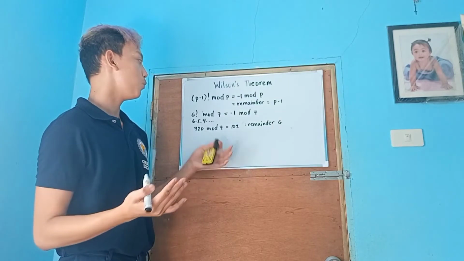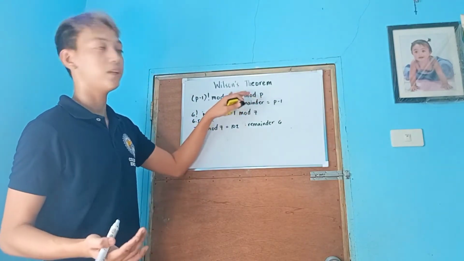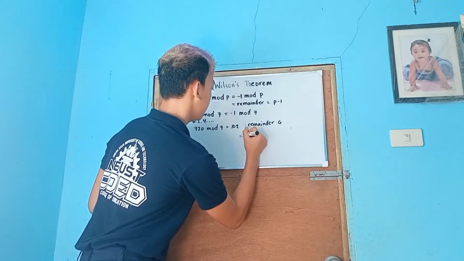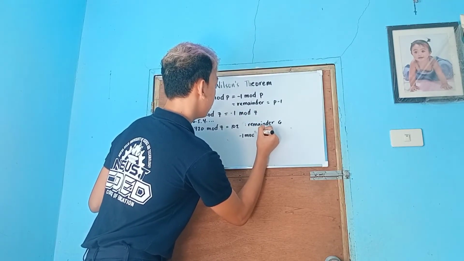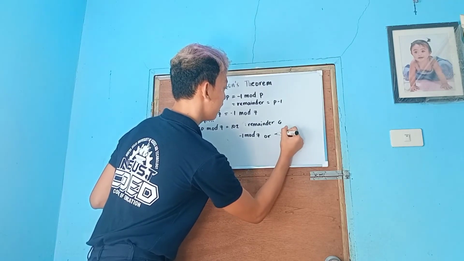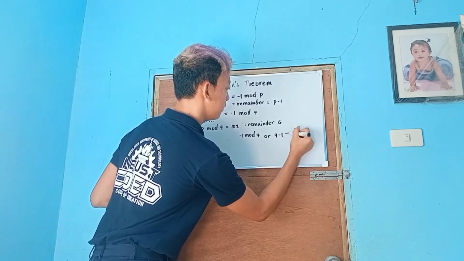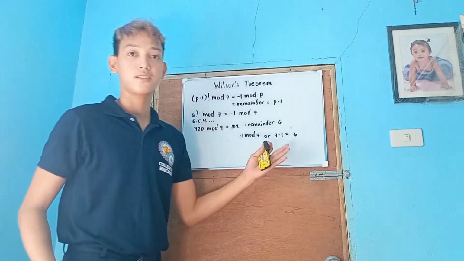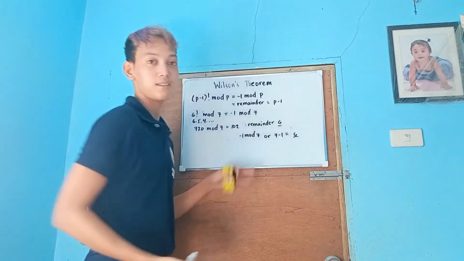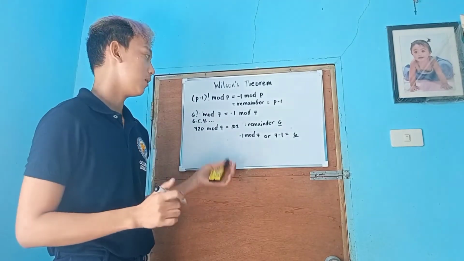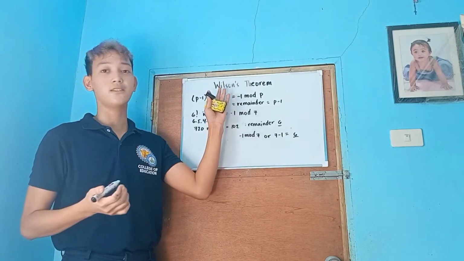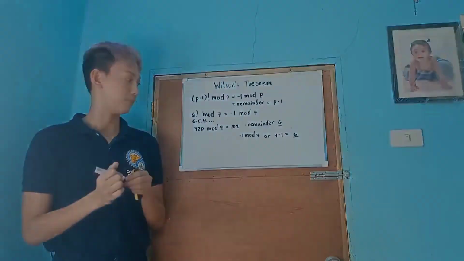So, when we apply this to negative 1 mod p, it becomes negative 1 mod 7, or 7 minus 1, which equals 6. So, the answers are both 6. They are the same. So, this is the basic theorem in Wilson's theorem.